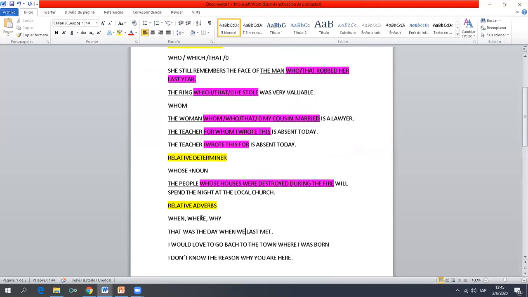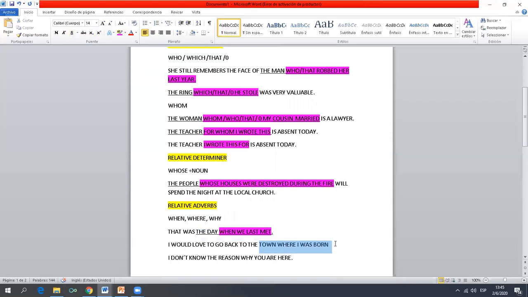Or where related to place. I would love to go back to the town where I was born. Or I don't know the reason why you're here. Okay, let's mark which are the relative clauses here. When we last met, this is the relative, and this is the noun phrase where you find the relative.